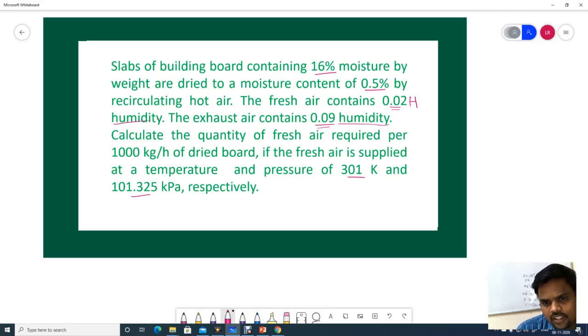The fresh air contains 0.02 humidity and the exhaust air contains 0.09 humidity. Calculate the quantity of fresh air required per 1000 kg per hour of dried board if the fresh air is supplied at 301 Kelvin and 101.325 kilopascal. So this is the question.